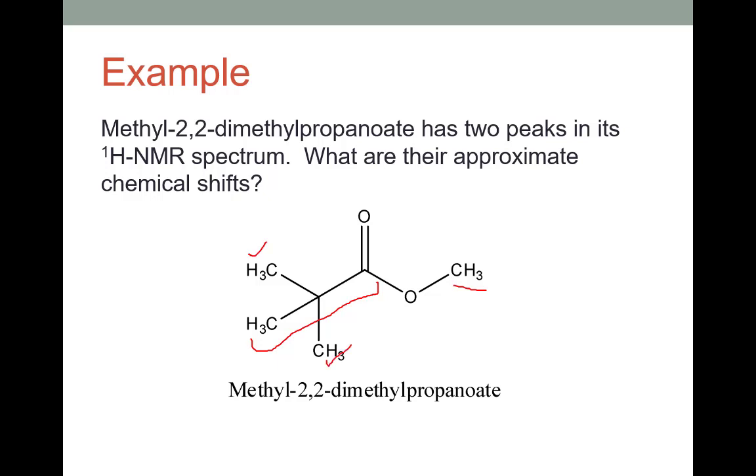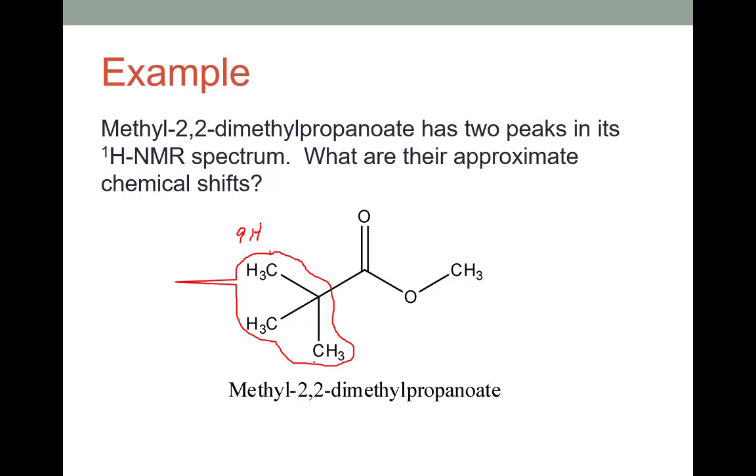All right, so with that behind us, it has 2 peaks in its H-NMR spectrum. Well, what are their approximate chemical shifts? First, why do we have 2 peaks? Well, if we think about equivalence and the protons that we're talking about, we have one group of hydrogens here. All 9 of those hydrogens are equivalent to one another.